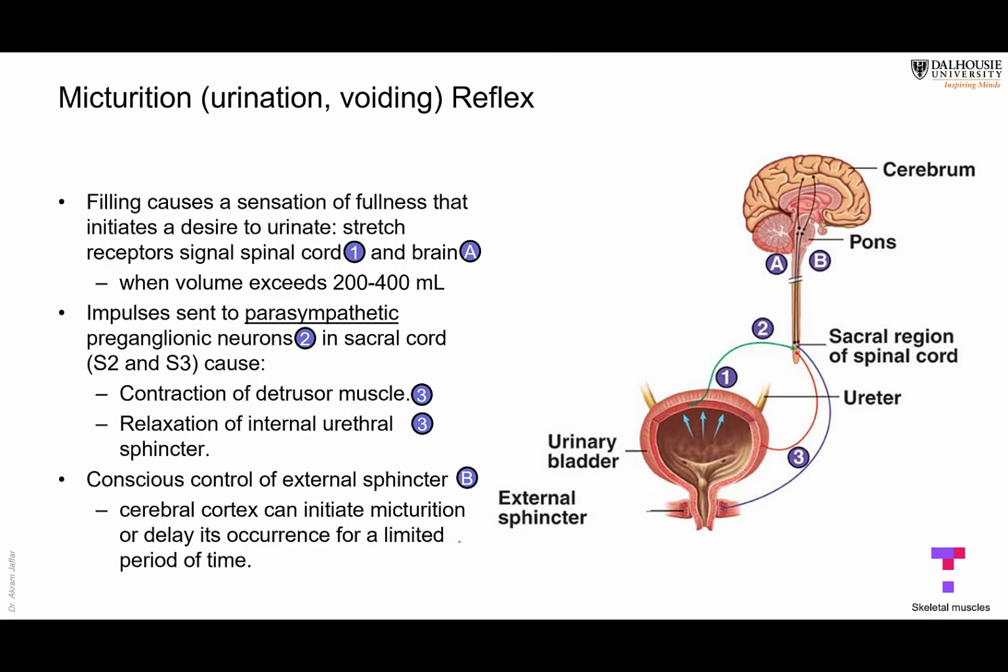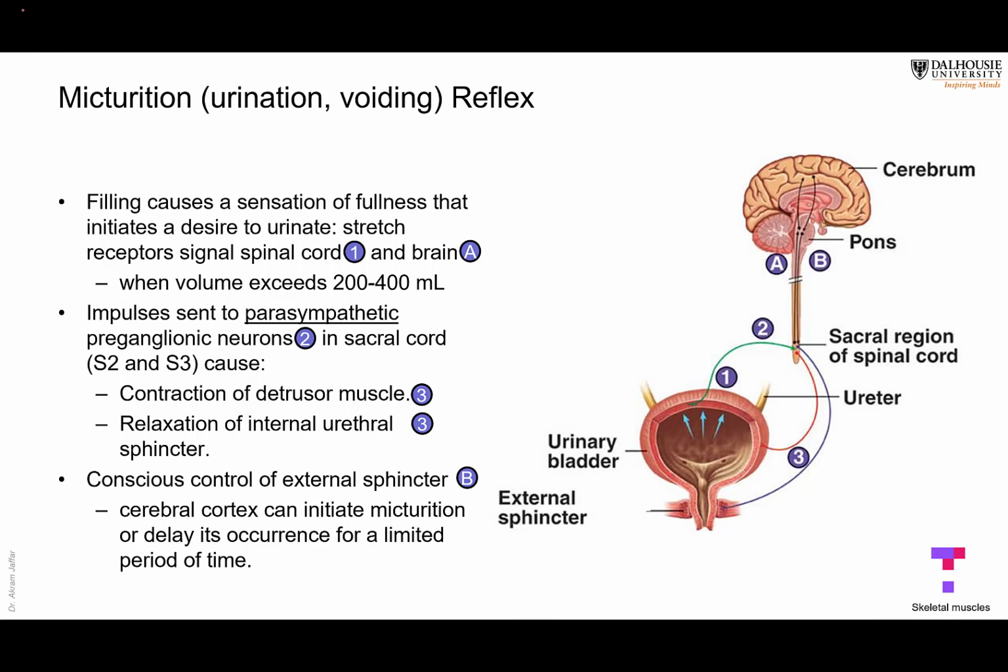This is how urination takes place. When the bladder is distended, impulses are sent by the parasympathetic nervous system to spinal cord segments S2, 3, and 4. And if the circumstances are favorable, then the reflex arc will continue through these nerves and will cause contraction of the smooth muscle fibers of the urinary bladder and relaxation of the internal sphincter.